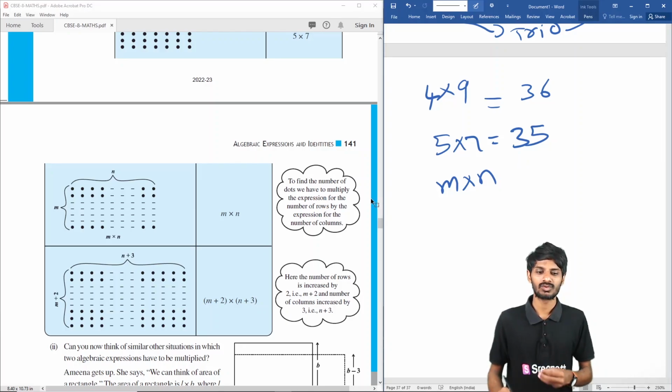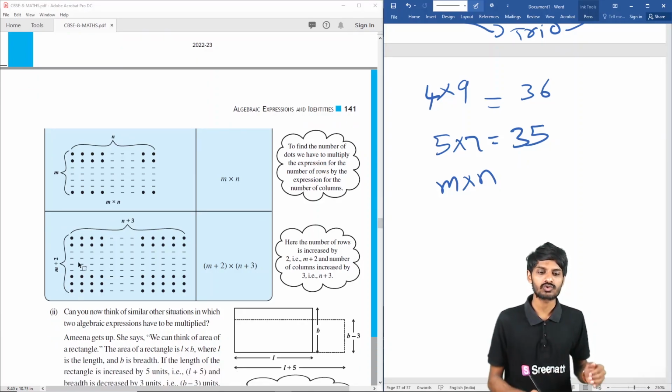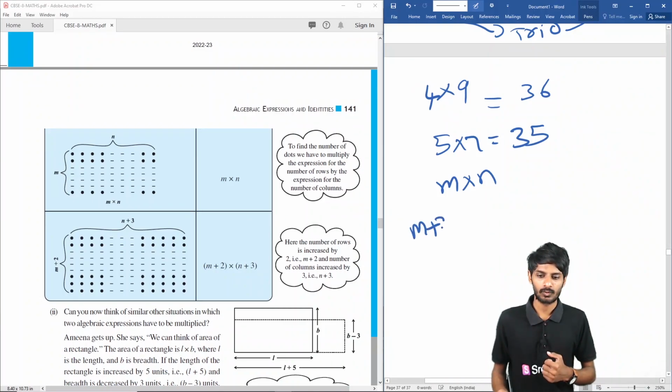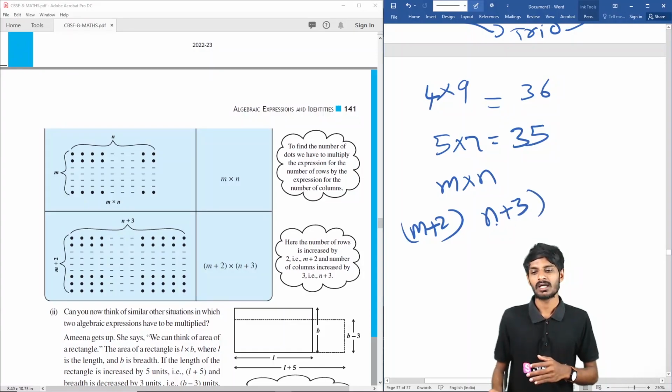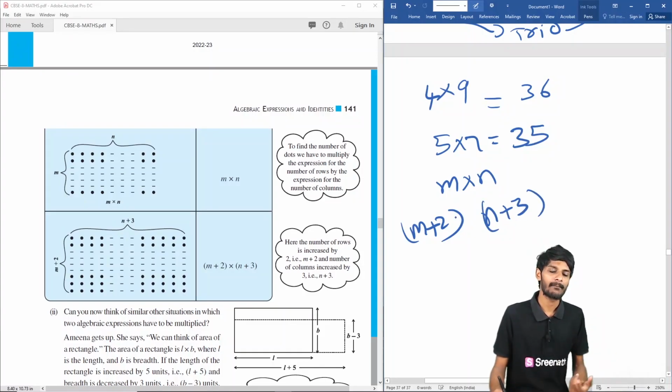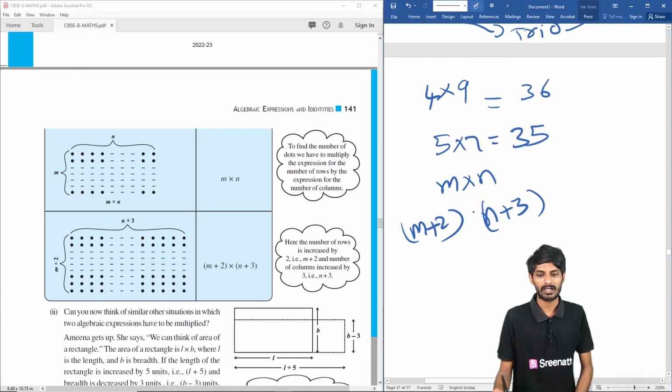Okay, m into n. Suppose I increase the rows by 2, that is m plus 2, and I increase the columns by 3, it is n plus 3. Now what is the total number of dots? It is nothing but m plus 2 into n plus 3.